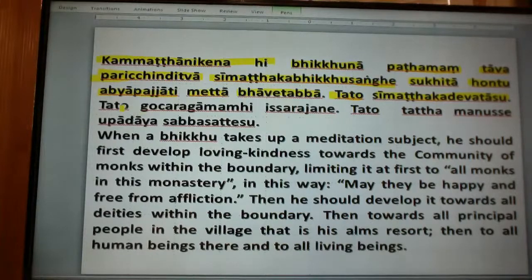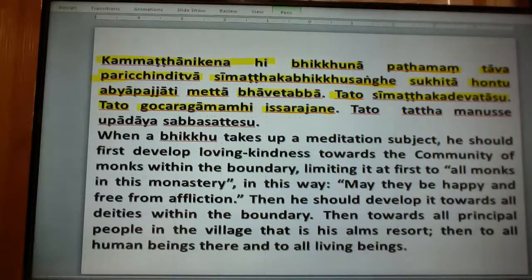So like this, Gocharagama. Gocharagama means the village and the city where a man goes round for alms. That kind of place we call Gocharagama. Issarajani means the person who governs the village or the city, like the governor.